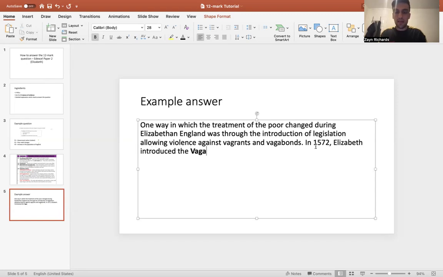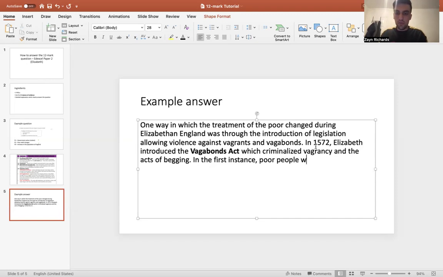So I might do something like, in 1572, Elizabeth introduced the Vagabonds Act, which criminalized vagrancy and the act of begging. In the first instance, poor people would have a hole drilled into their ear to signify they were beggars and to act as a warning.